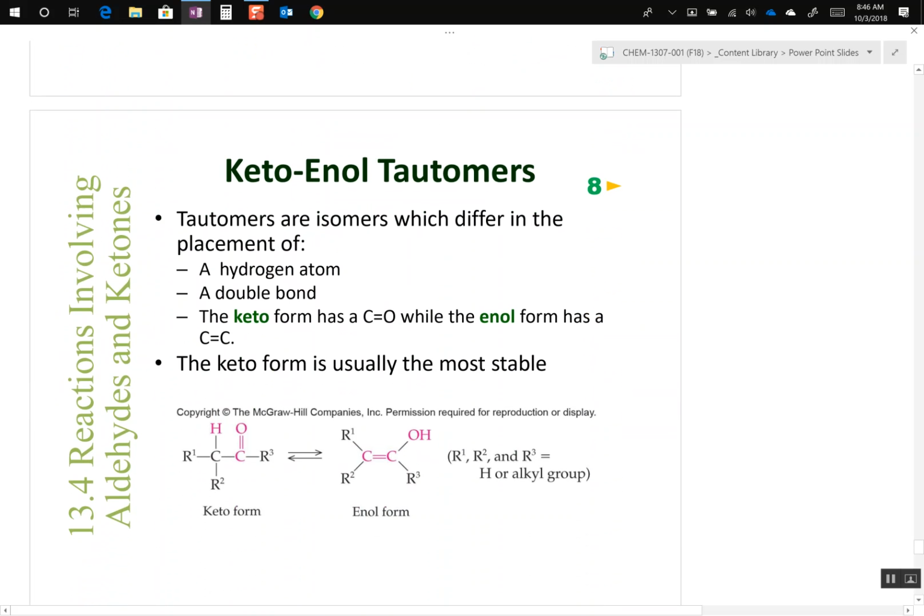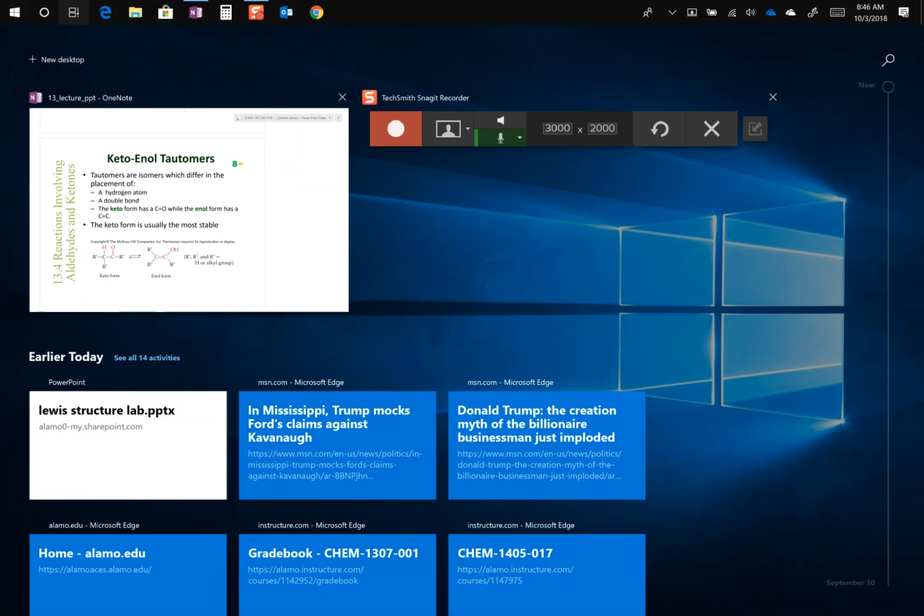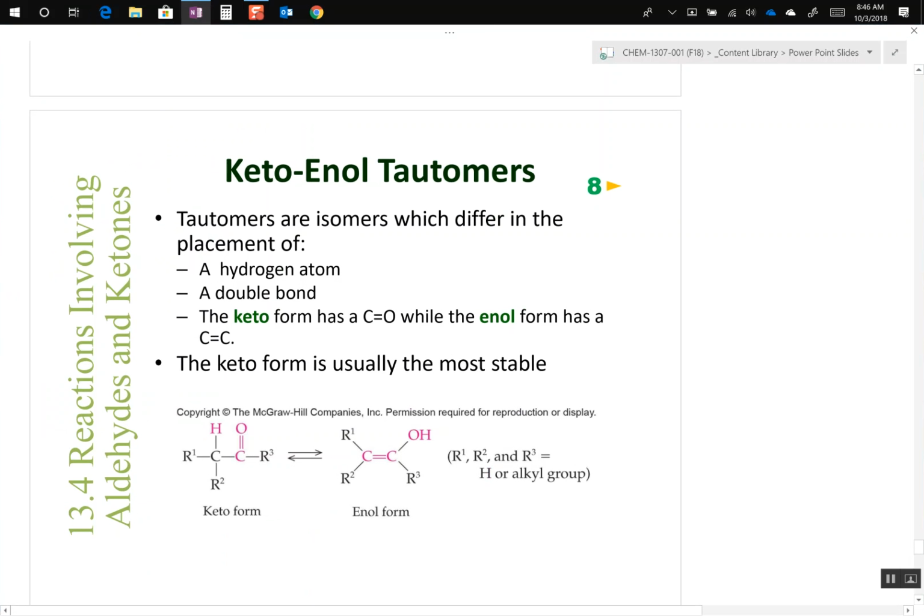Tautomerization is the process where if you have a carbonyl group, okay, in the ketone form, we call that the keto form. So here's the keto form. Then it can actually, that double bond can move into the enol, ol for alcohol.